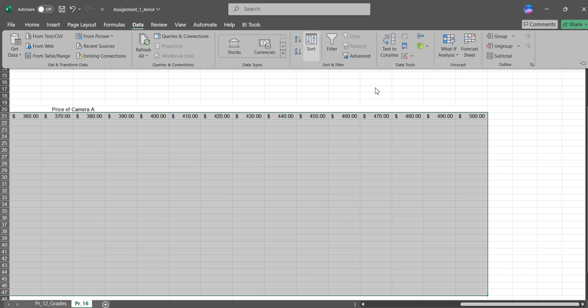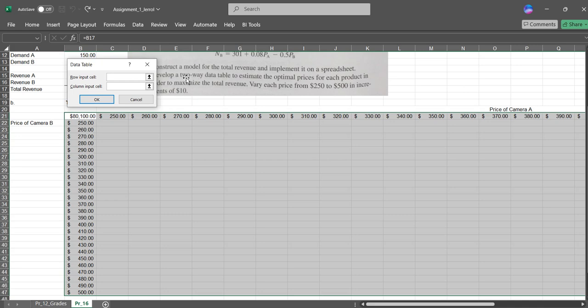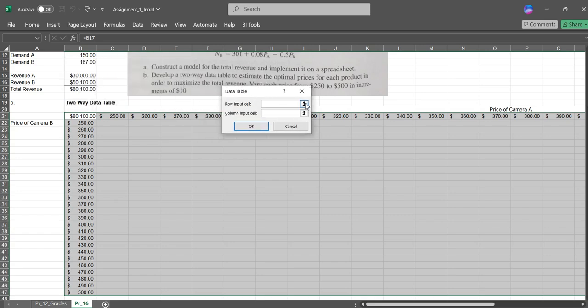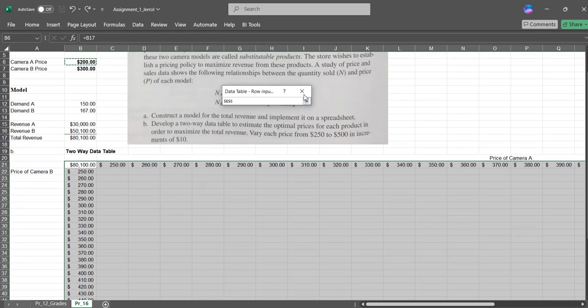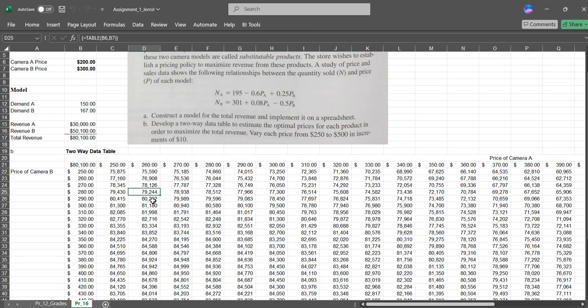We go to Data, select What-If Analysis, and then create a data table. Here the row input is the price of camera A, which is 200, and then we put the column input, that is the price of camera B. By putting these values, we click OK and it will create a table.